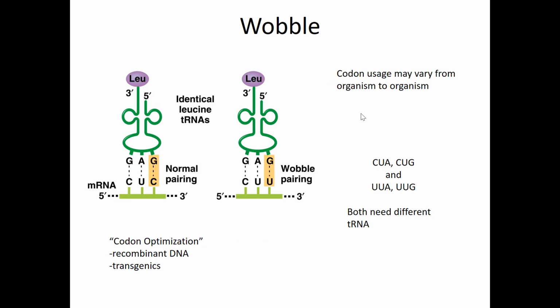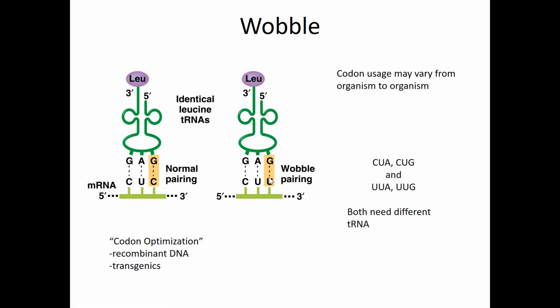And so here's this idea of wobble. Here would be normal pairing, where G would pair with C. Your purine would pair with your pyrimidine, forming your three hydrogen bonds. But because of wobble, you get some variation in this, where G, this third position, again, does not bind as tightly.